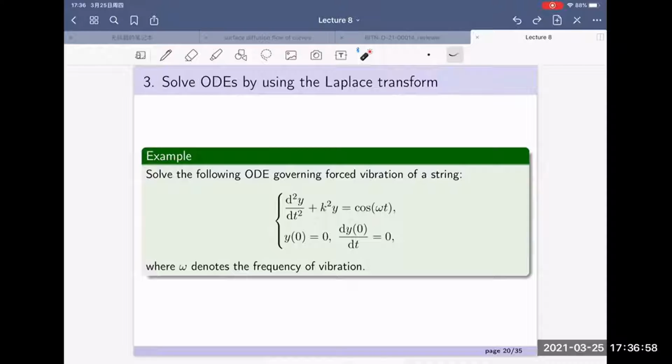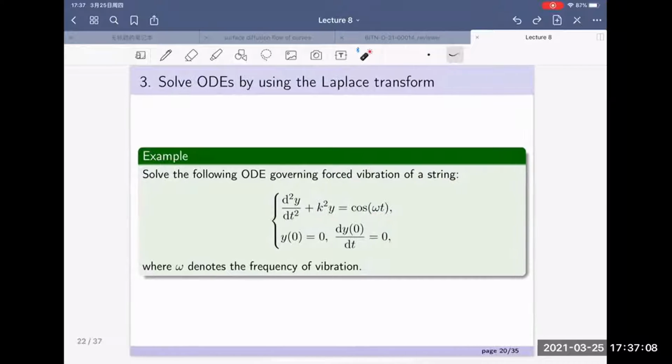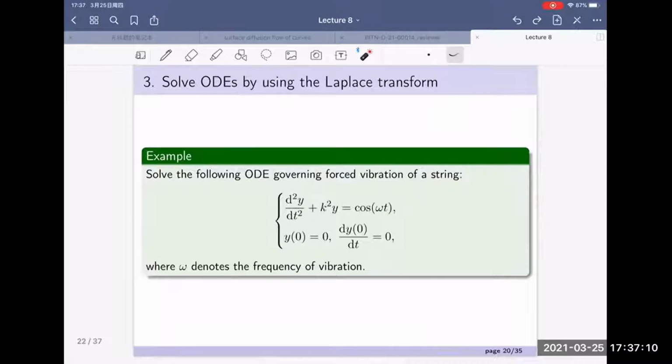We will solve this differential equation to let you see why resonance happens when the two frequencies are the same. So you apply the Laplace transform to this equation. Let's denote capital Y to be the Laplace transform of small y, and then apply the Laplace transform to the equation.